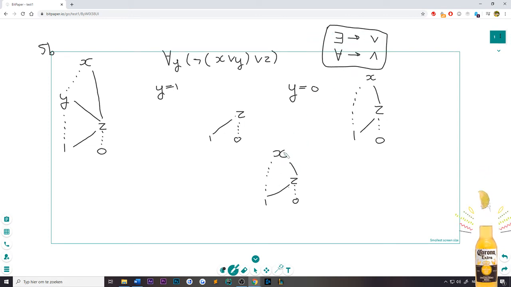This z is a child of x because it's connected, and this z is also a child of x because it's also connected. That's where you apply these rules. Because these are the children, we're going to have z, and we're going to have z and 1. That's how you end up with the final answer. Does that make sense? We don't apply it to this one because this is not a child of x, it's a child of z.